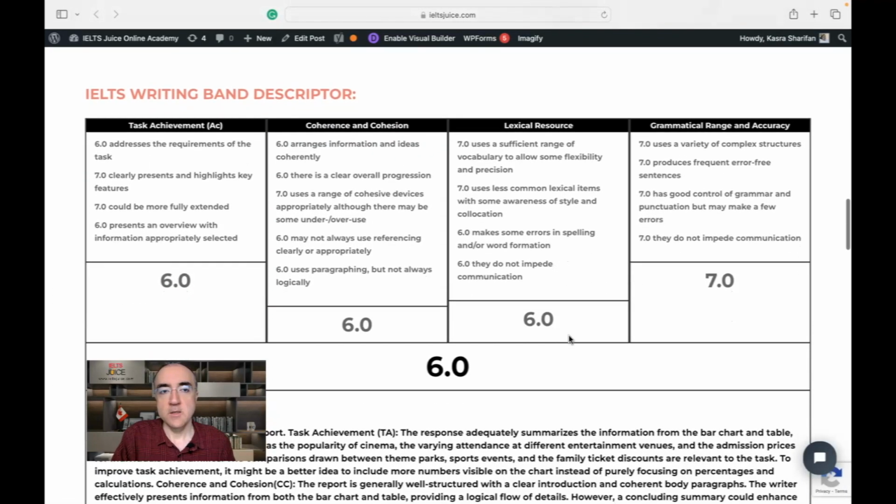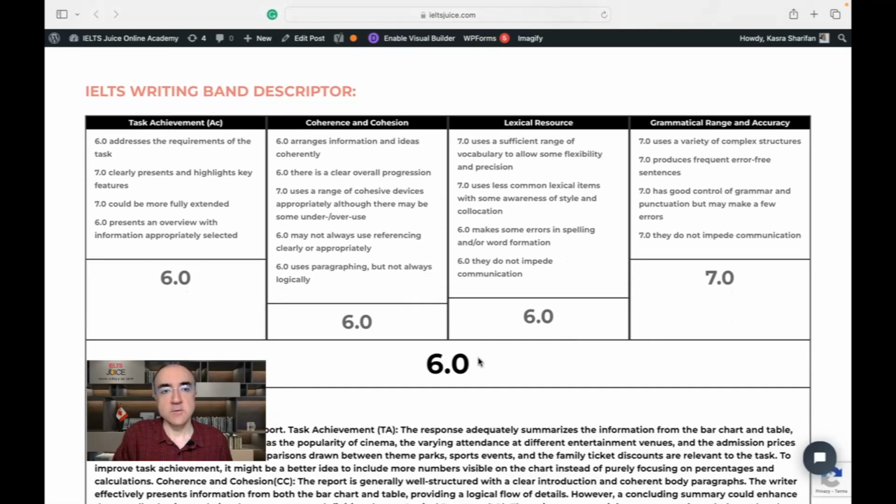Anyway, as we talked, two sixes, because the organization, the information was there, but not all of it was covered appropriately. We had referencing issues and sentences connecting with each other issues.